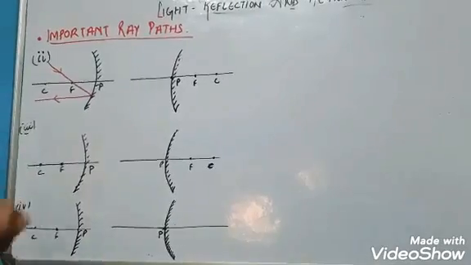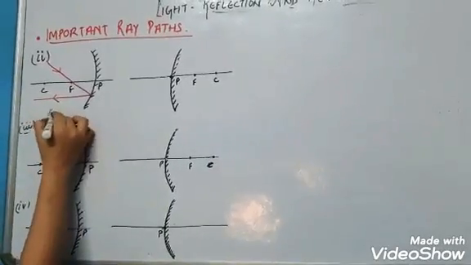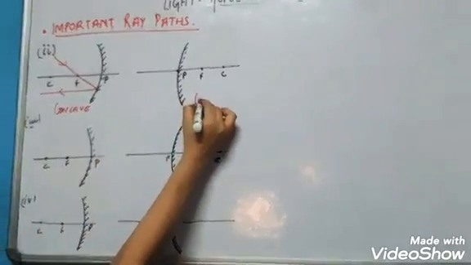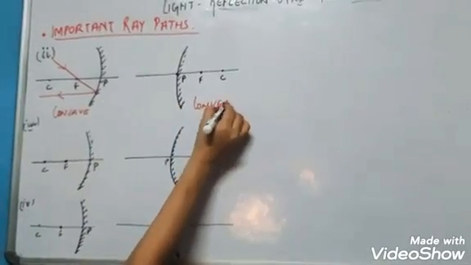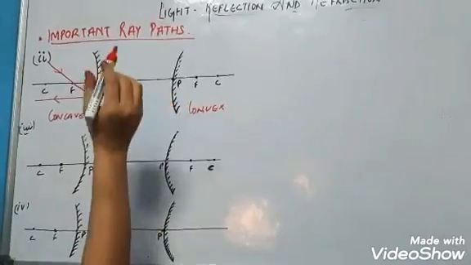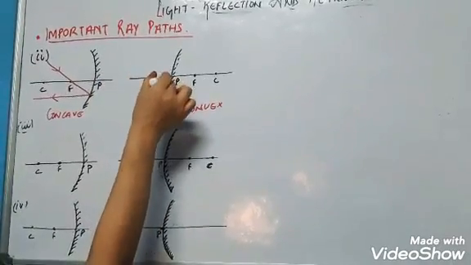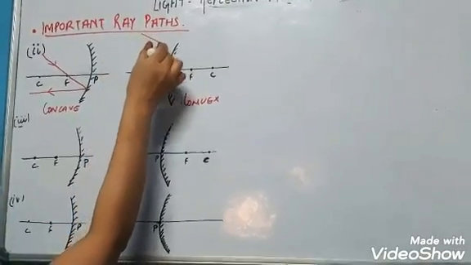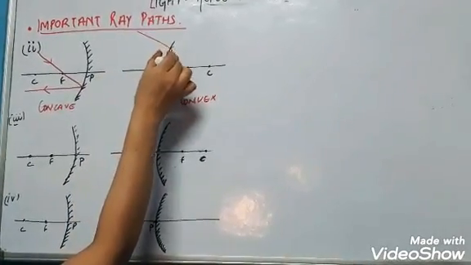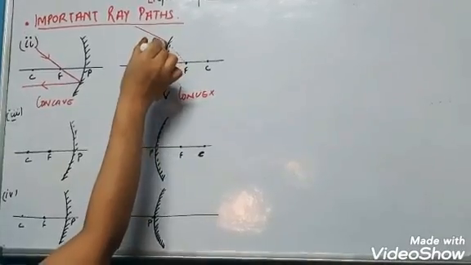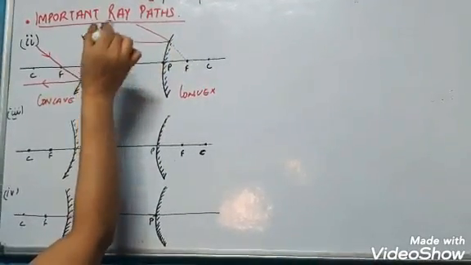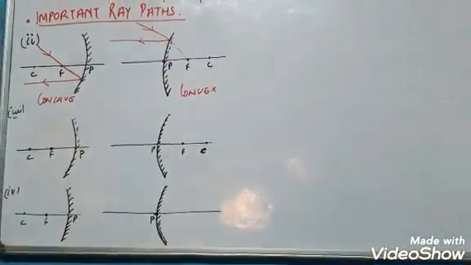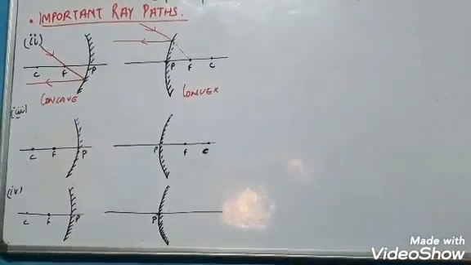This is the concave mirror and this is the convex mirror. In case of convex, it will appear to come from the focus and it will go parallel to the principal axis. Is that clear to you?